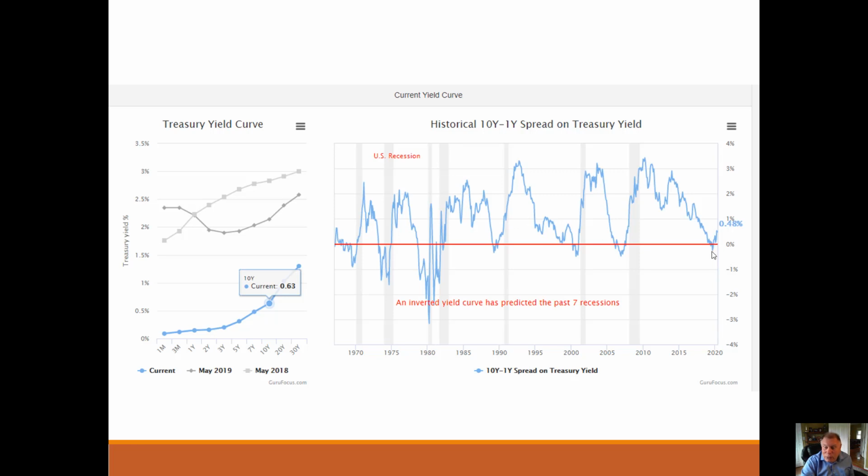And here we were where it's negative again this year, so it has been predictive. Okay, so here you almost had it negative, where the 10-year and the 1 year were essentially the same. And as of today, it's only a 48 basis points difference, which is not a lot. If we go back to right after the Great Recession, we can see that the spread was almost 3%. So that's just to give you a little sense of what's happening with rates today.